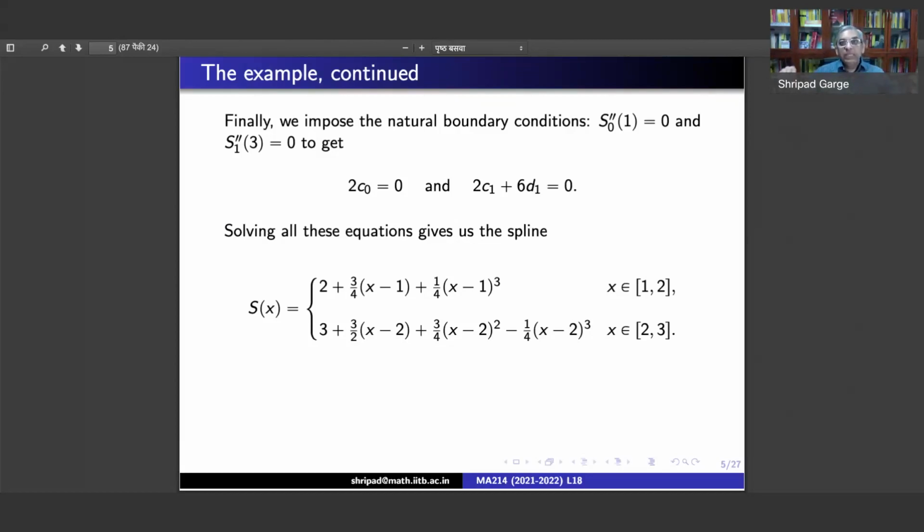And then you have the equation for the second cubic, which is 3 plus 3 by 2 into x minus 2 plus 3 by 4 into x minus 2 square minus 1 by 4 into x minus 2 cube. So together with the boundary conditions, we have a total 6 equations for 6 unknowns, but of course we have to argue that these 6 equations do give us a unique solution, and that needs some proof. We will see how to come to that.